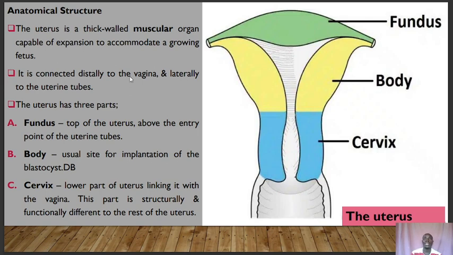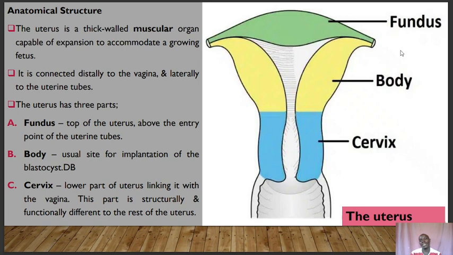So the uterus has three major parts. We have the fundus, which is at the top of the uterus, above the entry point of the fallopian tubes. And the body, which is usually the site for implantation.